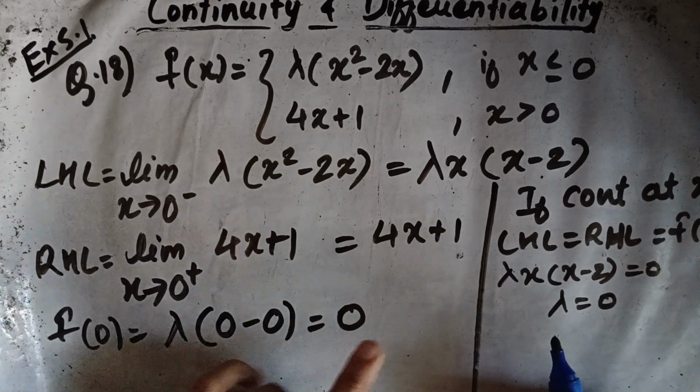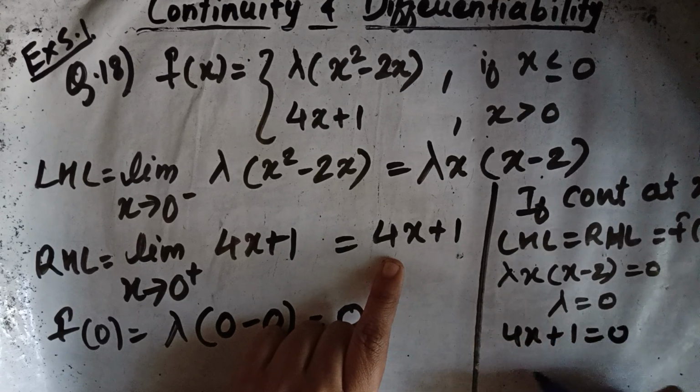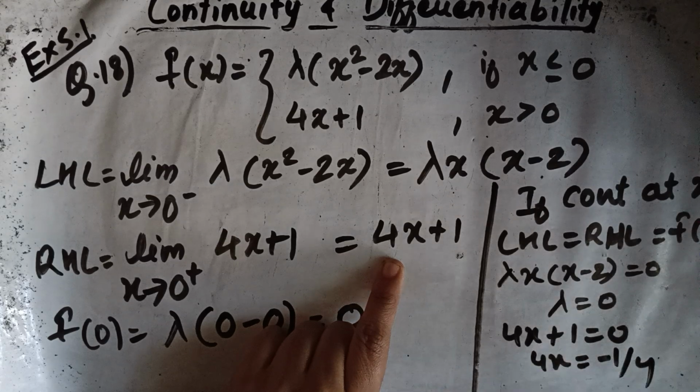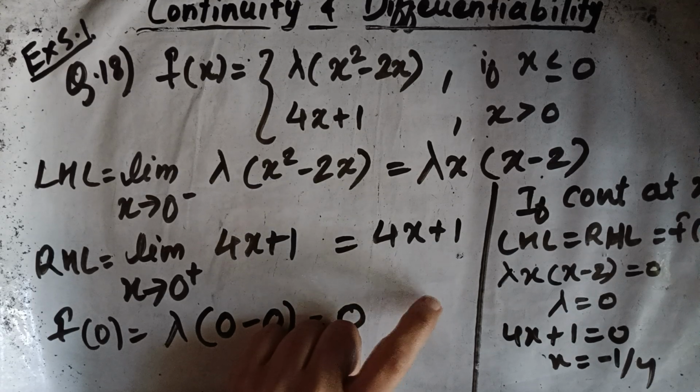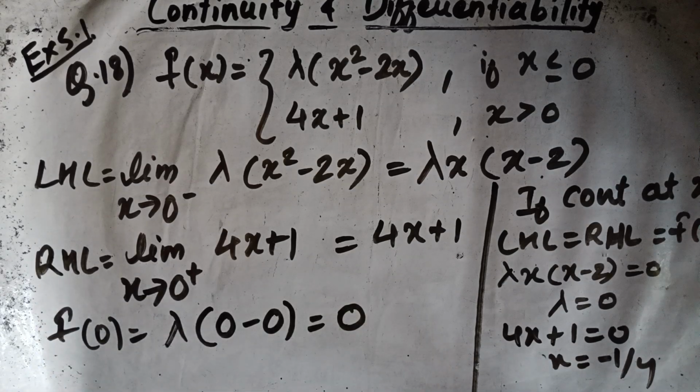Here also if I take 4x plus 1 equal to 0, then x is minus 1 upon 4. So we are getting lambda equal to 0.